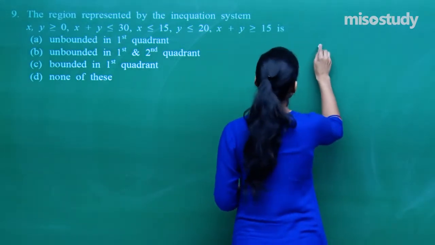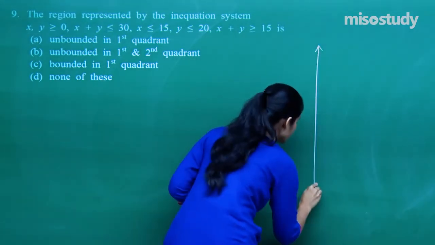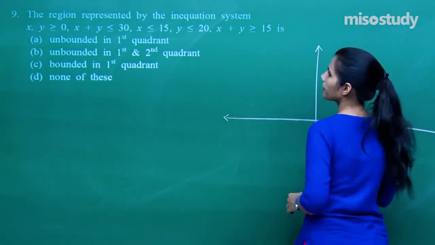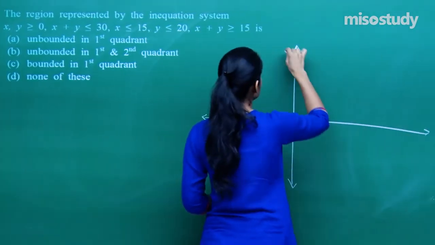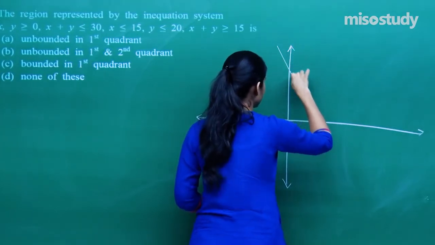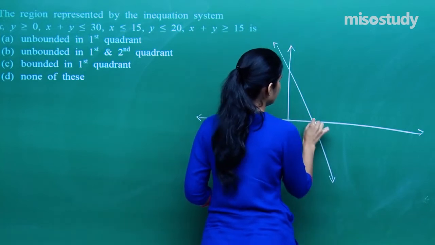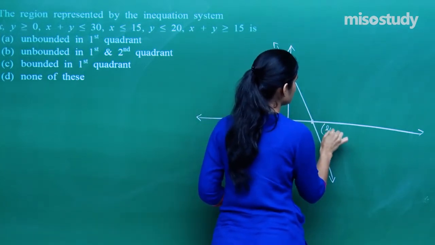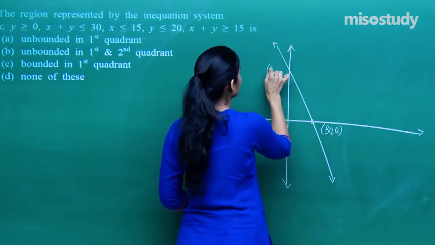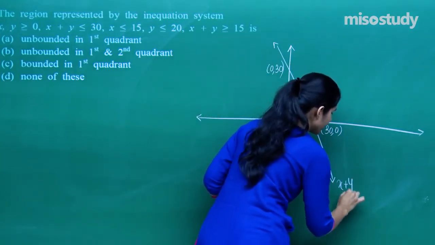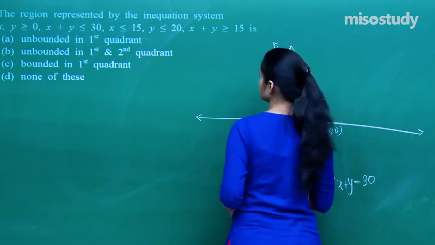X plus y is less than or equal to 30. Let's talk about this now. Let me say this is 30 comma 0 and this is 0 comma 30. This is x plus y equals 30.